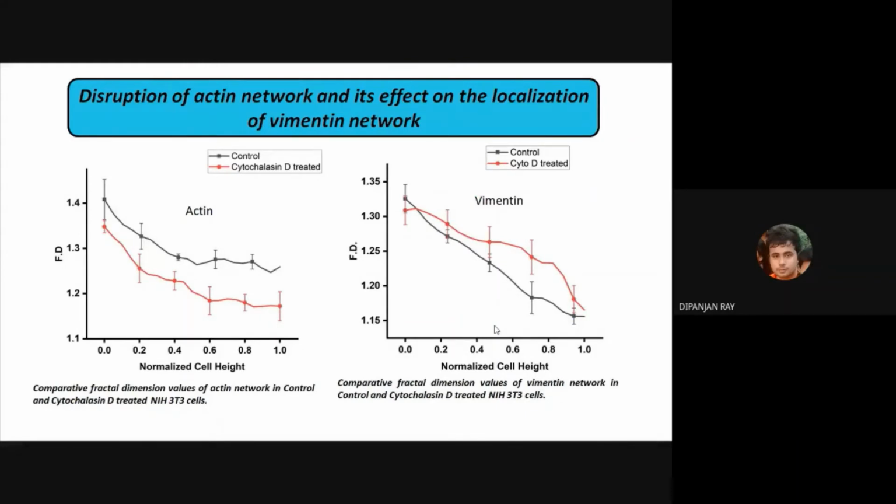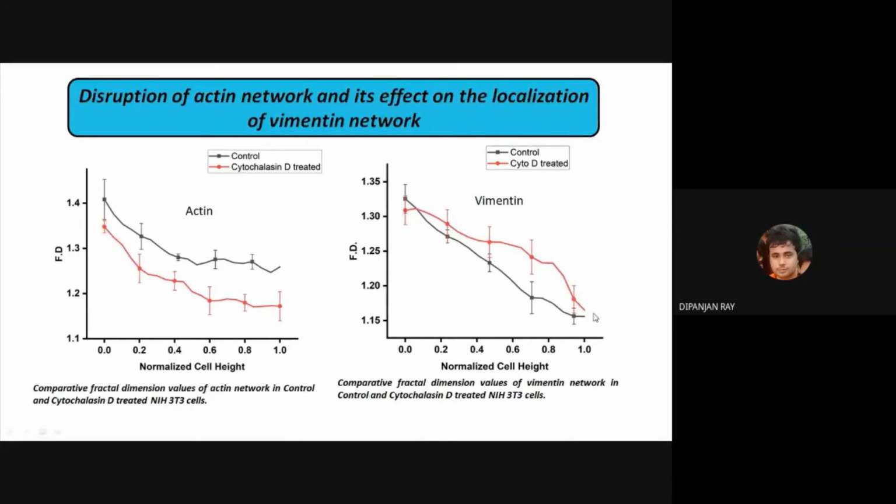In case of actin, the cytochalasin D treated cells had lesser FD values in each and every plane. But in case of vimentin, we can see an opposite trend. By treatment with cytochalasin D, the FD values of vimentin increased in the mid plane, and it kept increasing up to the basal plane.